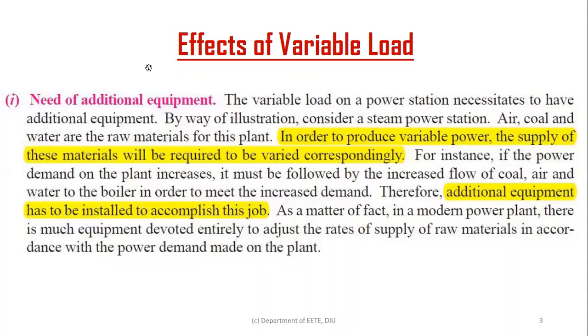Yes, because when the demand is high, we need more steam. When the demand is low, we need less steam. So to maintain this status, we need additional equipment to be installed for doing this job perfectly. So this is one of the effects of the variable load.